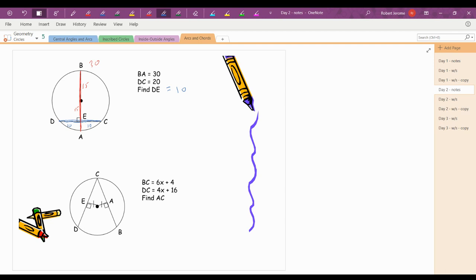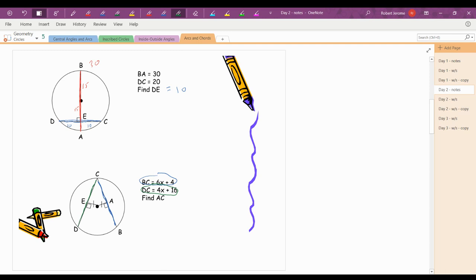Let's look at the second example on this slide here. So we have BC is 6x plus 4. And then we have DC right there is 4x plus 16.